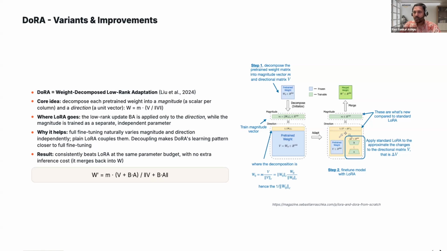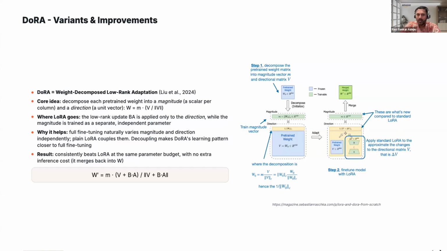It can adjust how strongly a weight is, separately from where it points, and because that mirrors what full fine tuning does, DoRA's learning behavior ends up much closer to full fine tuning. And empirically, it consistently beats LoRA at the same parameter budget, and it adds only a tiny number of extra parameters.